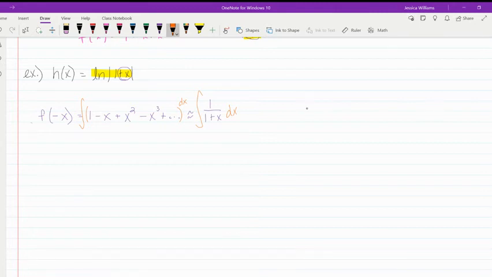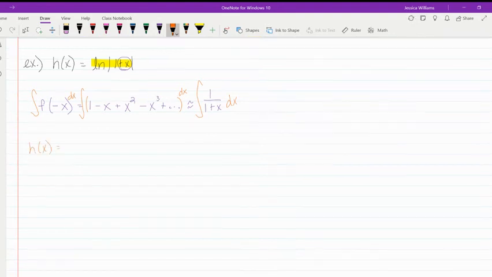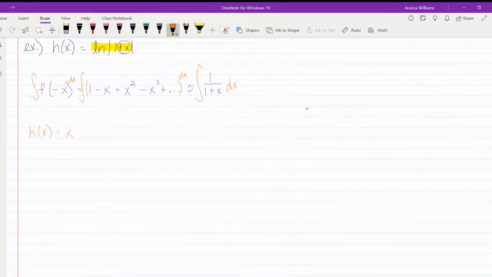So I'm going to put my symbol here too, just to show I'm doing it everywhere. And I think I'm done. I think I'm going to have my final answer. So h of x equals, if I integrate 1, I get x minus x squared over 2 plus x cubed over 3, etc. And that is equal to the natural log of the absolute value of 1 plus x.